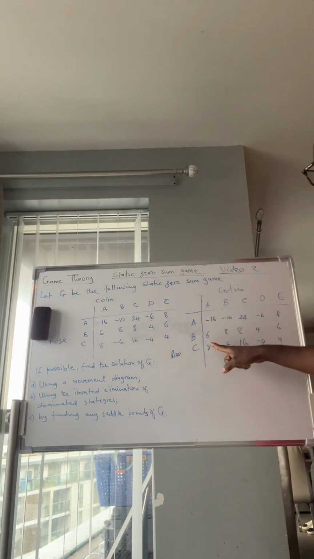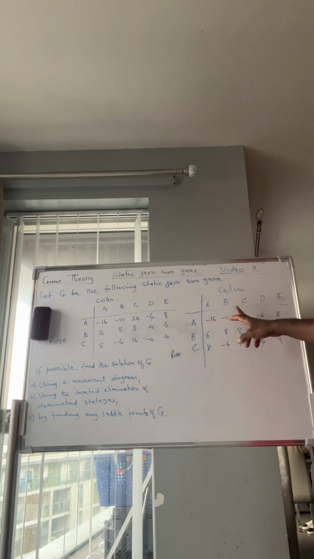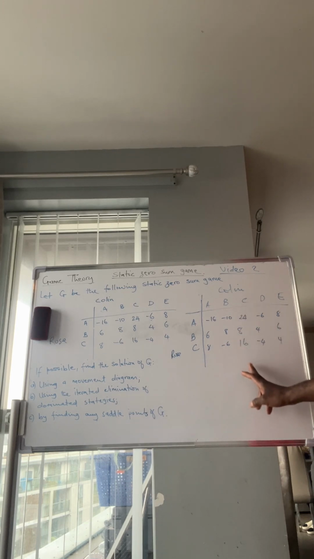If you look at the columns here, you can clearly see that all the entries in column C are bigger than the entries in column E. 24 here is bigger than 8, 8 is bigger than 6, 16 is bigger than 4.